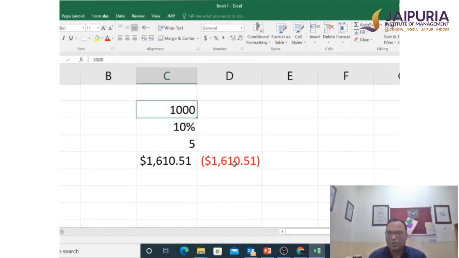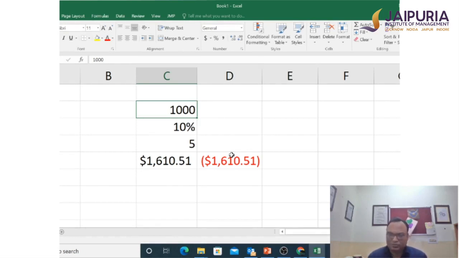Why? Because both these things are happening in opposite direction. If the investment I'm doing is negative, then the output will come in positive sign. And this is a very important thing when I am doing this Excel formula. So this is what is called the future value concept.